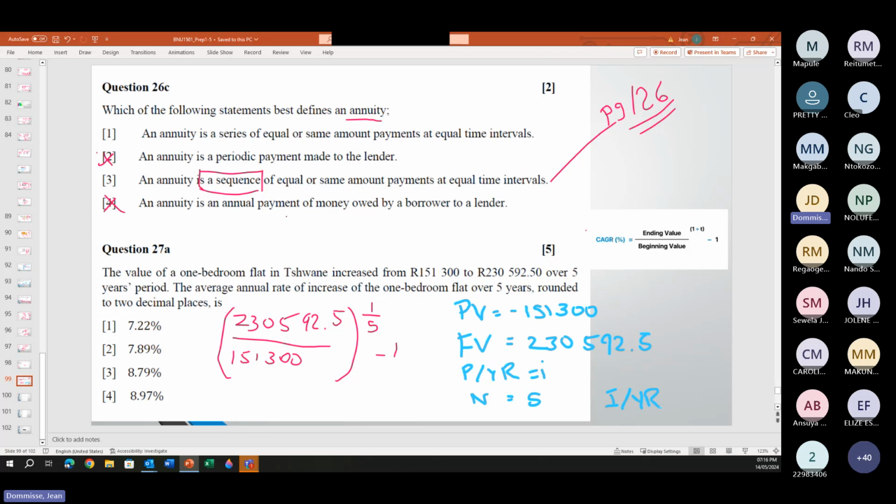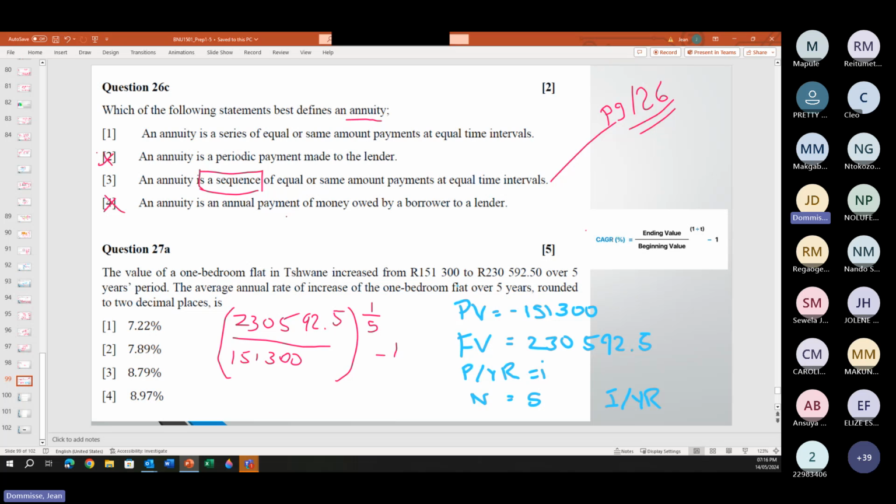Okay, so you can use this formula, or you can use the same on your calculator. You start off with 151,300. That's your present value. Over 5 years, it has grown to 230,592.5. That's your future value.